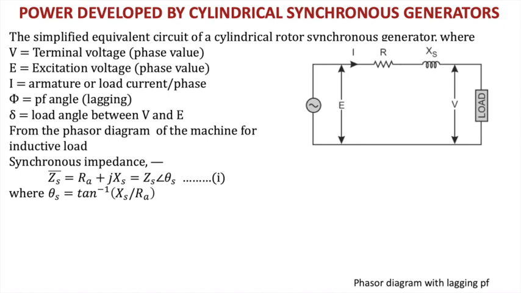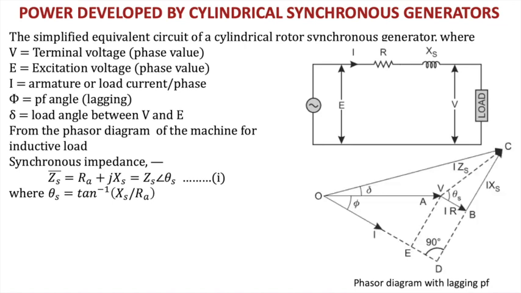The synchronous impedance for the inductive load is Zs equal to Ra plus jXs, or Zs at angle theta s, where theta s is the tan inverse of Xs by Ra. This is the phasor diagram considering the armature drop and the internal reactance drop, which consists of both the leakage reactance and the armature reaction drop.